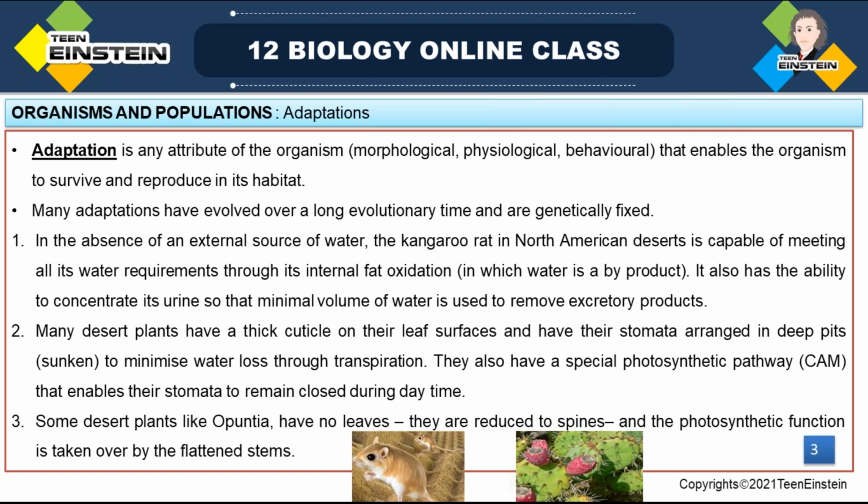Okay, all living organisms have one or the other type of adaptation. Why? Because they have special features that help them to survive in certain conditions. So how are these differences from the normal organism developing, or how are these adaptations developing? That starts from the genetic level.